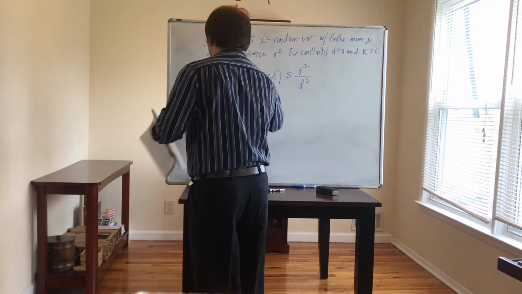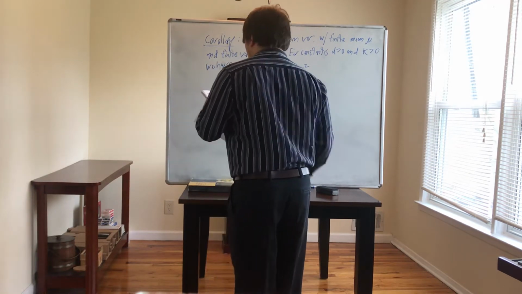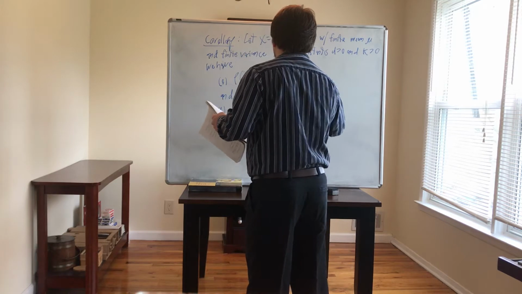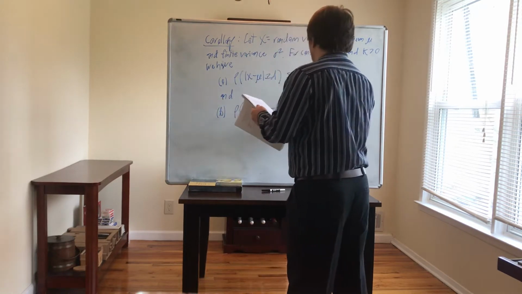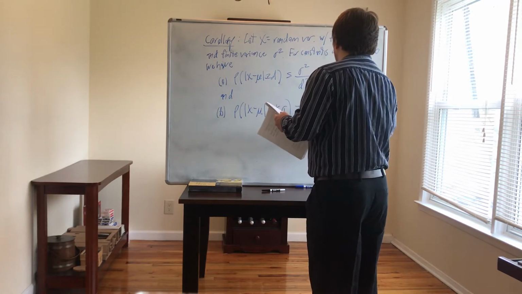And (b) the probability that the absolute value of X minus mu is less than k sigma is greater than or equal to 1 minus 1 over k squared.